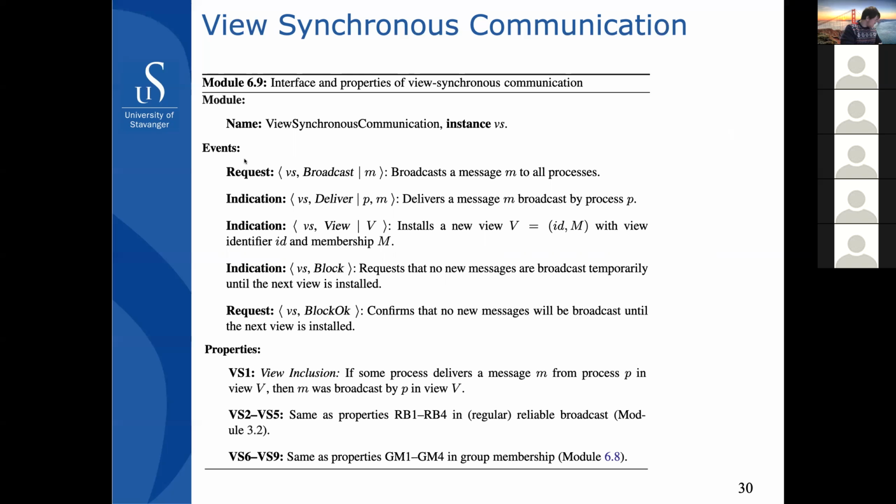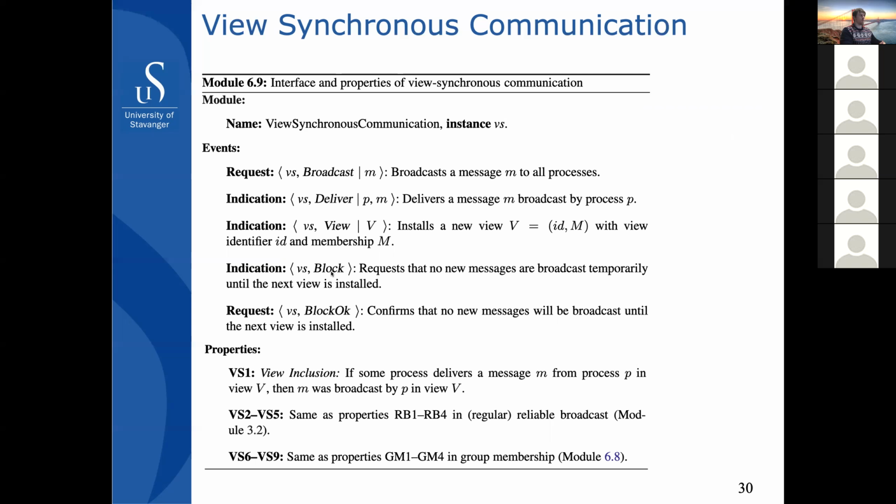So what happens here? The idea with the block, first off, is a flow control mechanism to prevent the problem of constantly moving to new views if messages are seen.